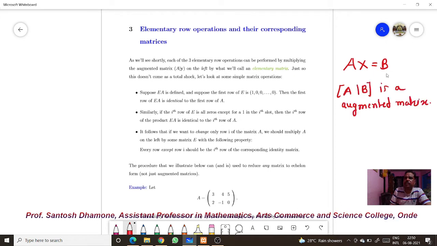Here b is replaced by y, so the system is Ax = y and the augmented matrix is [A | y].